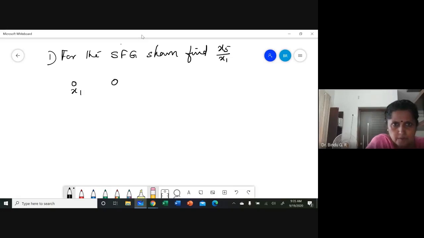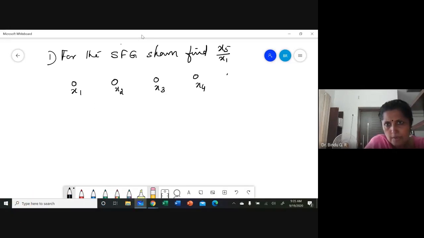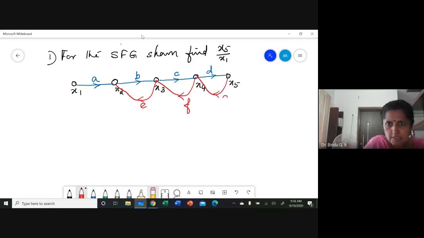The nodes are x1, x2, x3, x4, x5, and the branches are A, B, C, D, E, F, G.